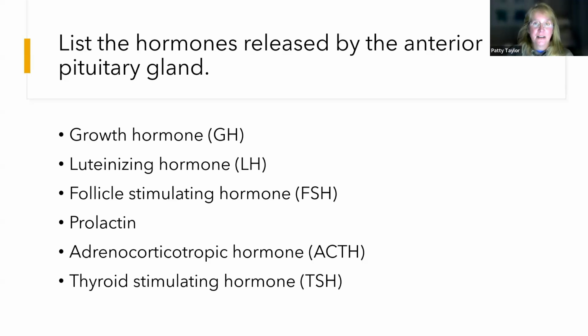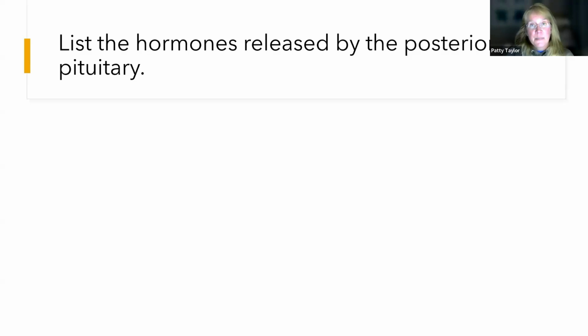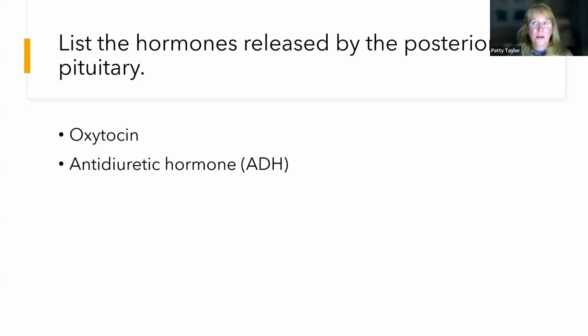And then TSH, also easier than saying thyroid stimulating hormone. Keep in mind that posterior pituitary doesn't make its own hormones, it only releases them for the hypothalamus. There's two that we discussed, oxytocin and antidiuretic hormone.